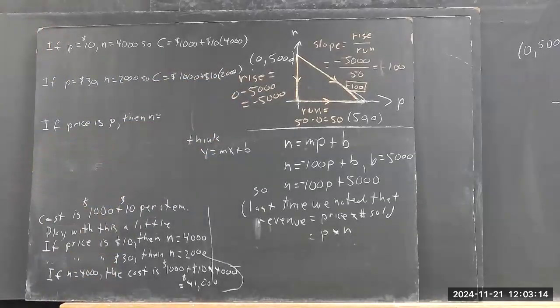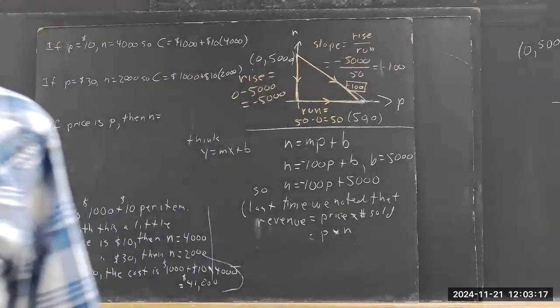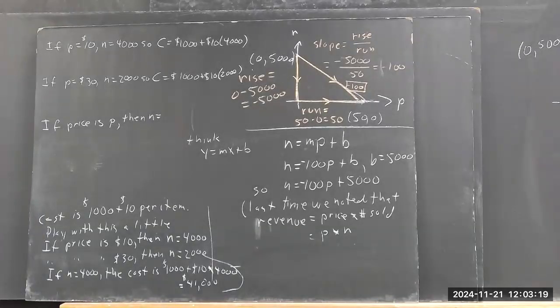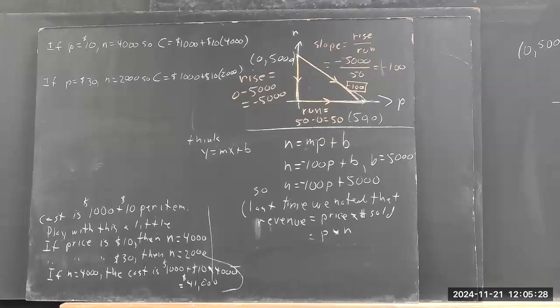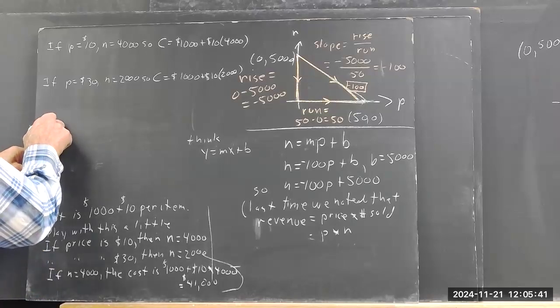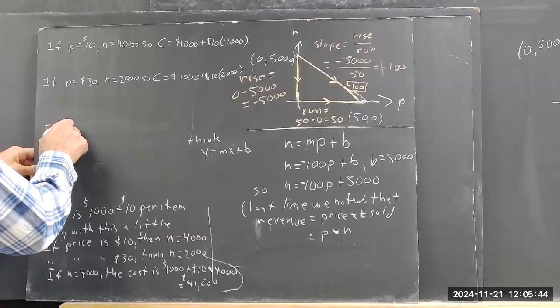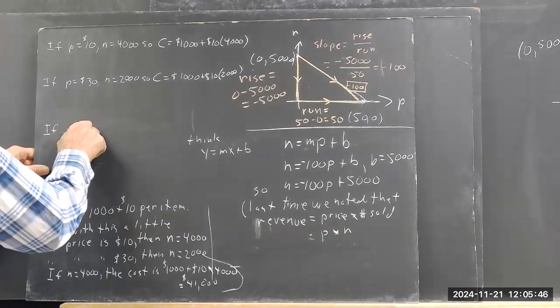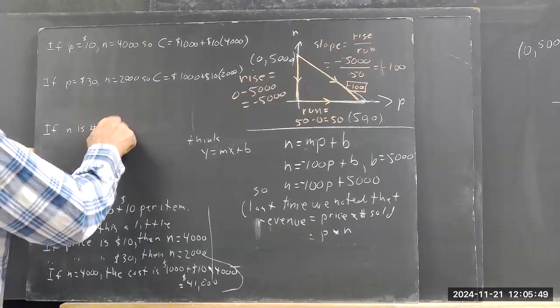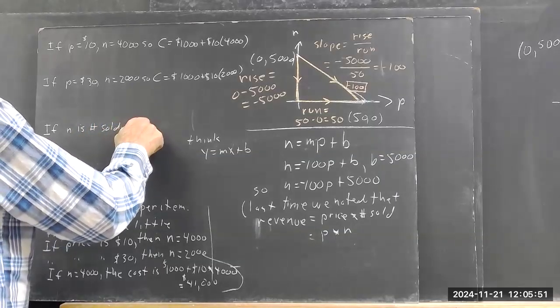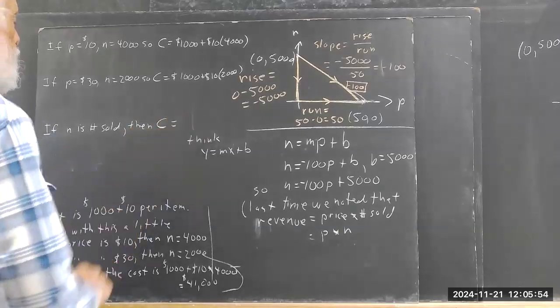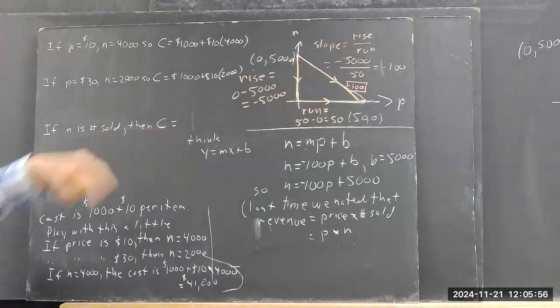Same thing if we call the price P. If you know the price, how do you figure out what your cost is? Okay, now, if you answered the question I just erased, I'm going to rewrite it. I'm going to put an extra step in here, break it down a little further, right? If N's the number sold, then what's your cost?